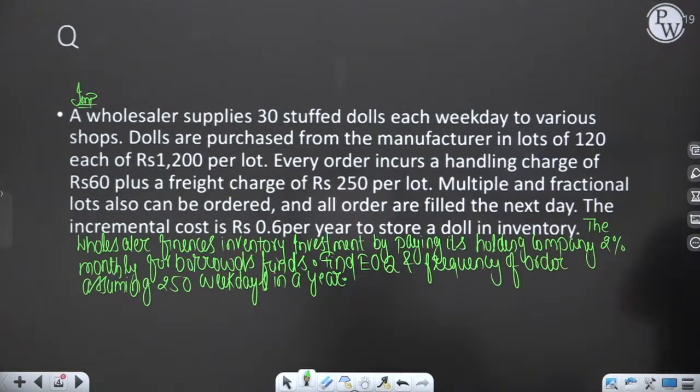Let's see who is going to give the answer, whether Mohit, Harshit, Prabhakar. According to you, what is the answer? Tell me.